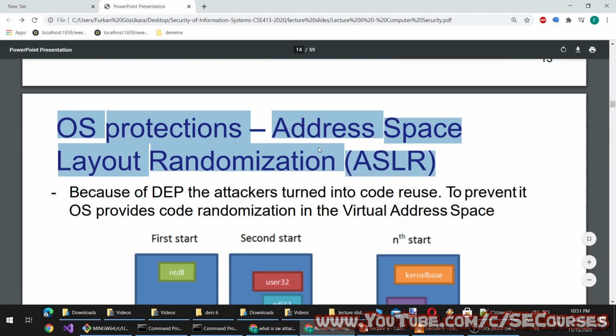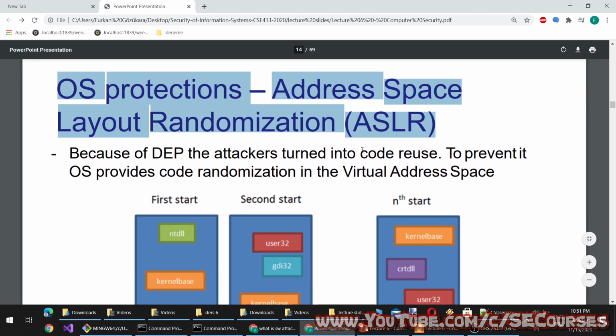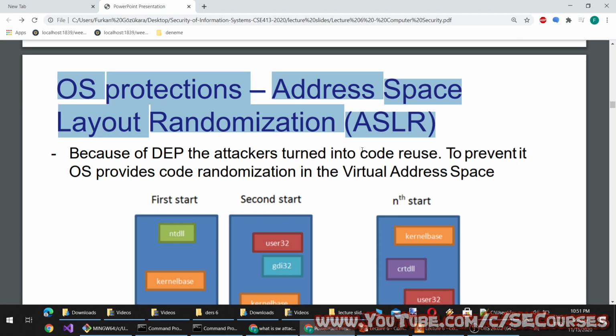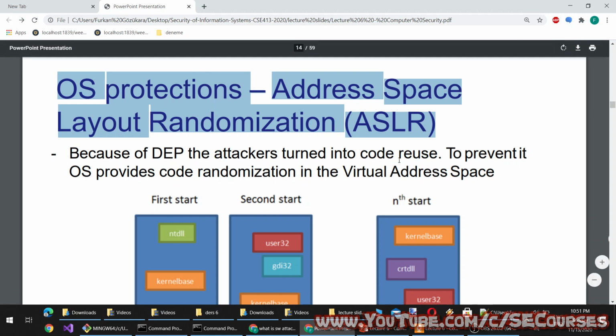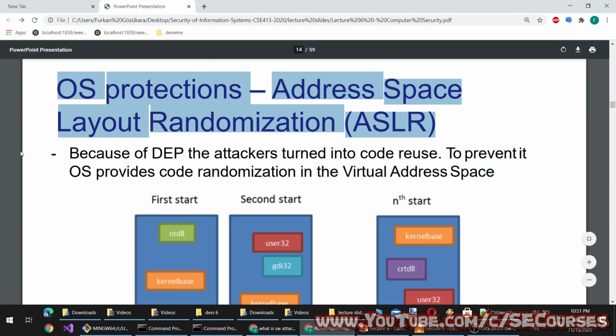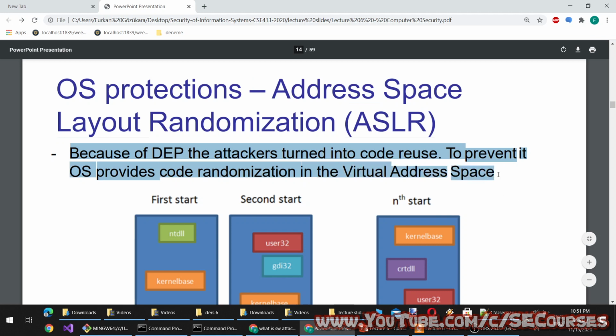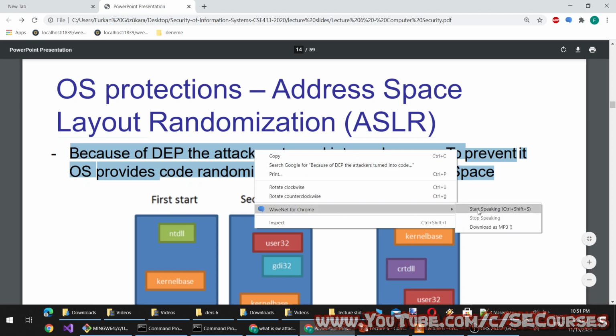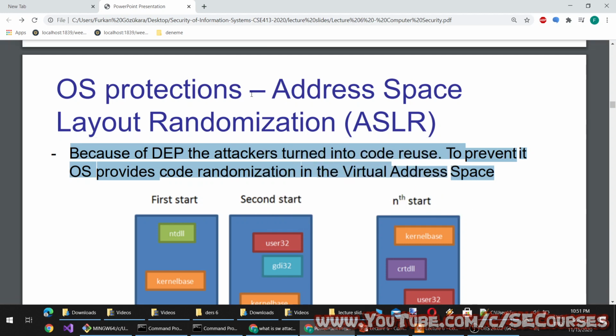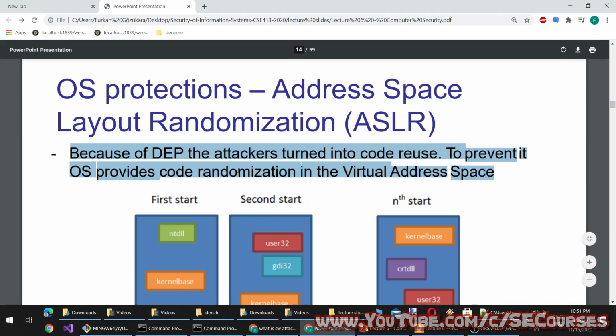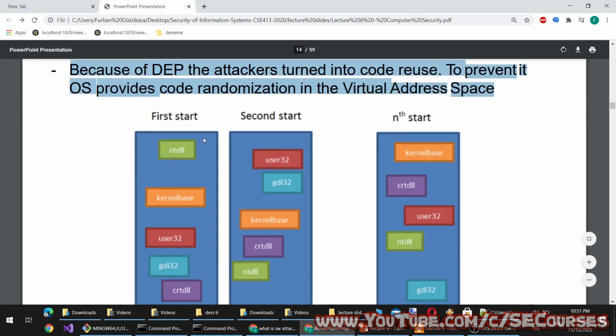OS protections, address space layout randomization, ASLR. We have seen this in the article we read at the beginning of the lecture on the Ars Technica website. It was related to exploitation of iPhones and iPads. Because of DEP, the attackers turned to code reuse. To prevent it, OS provides code randomization in the virtual address space.